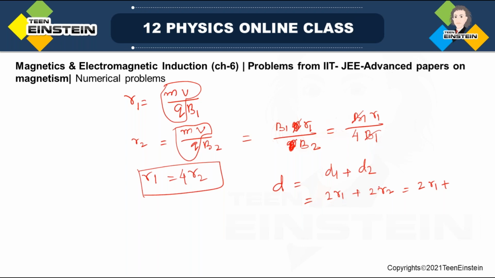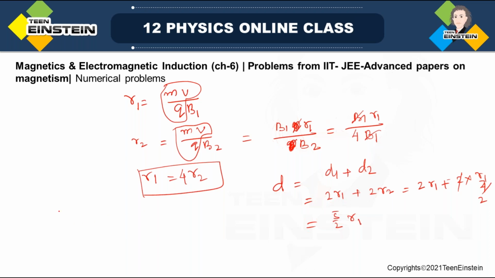R1 is 4r2, so r2 is r1 by 4. So it is 2r1 plus 2 into r1 by 4, that means r1 by 2. So it is 5 by 2 r1.